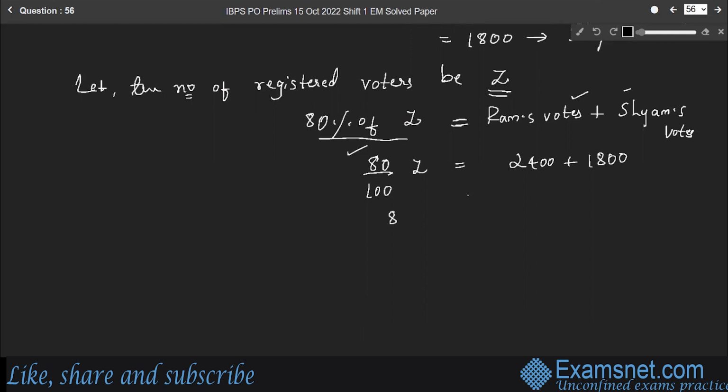So 80 by 100 into Z is equal to 4200. Therefore, Z is equal to 4200 into 100 by 80.